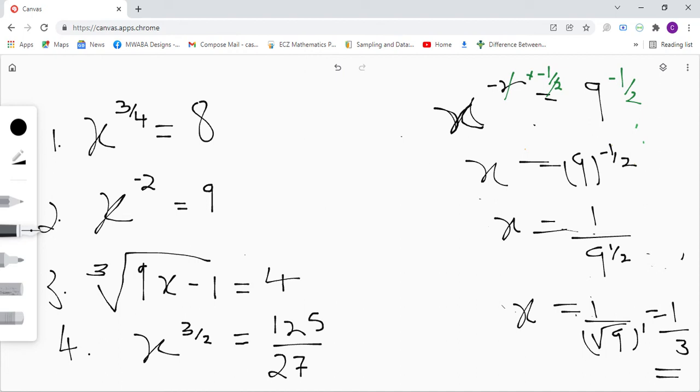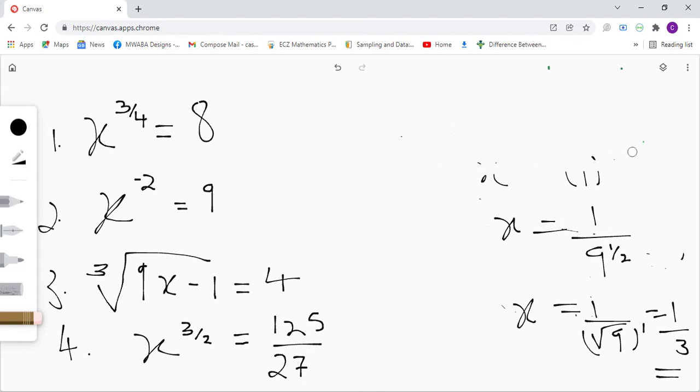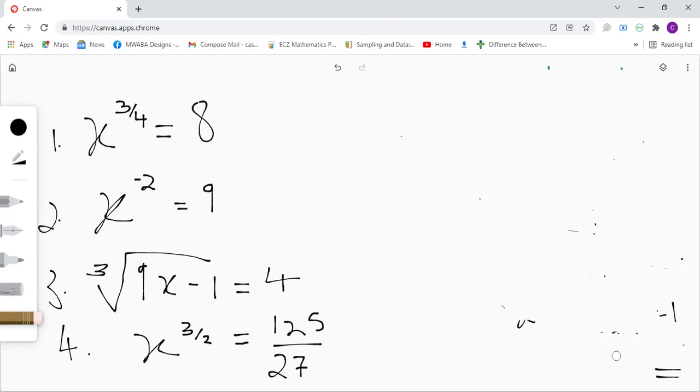All right, we go to example 3. Okay, we have the cube root of 9x minus 1 equals 4.